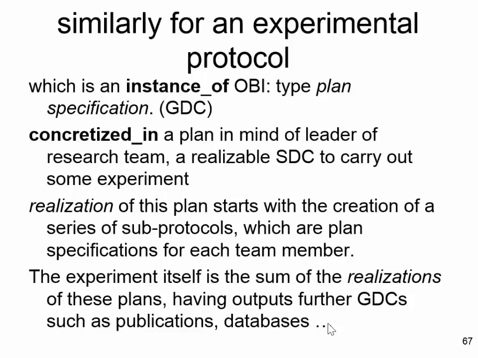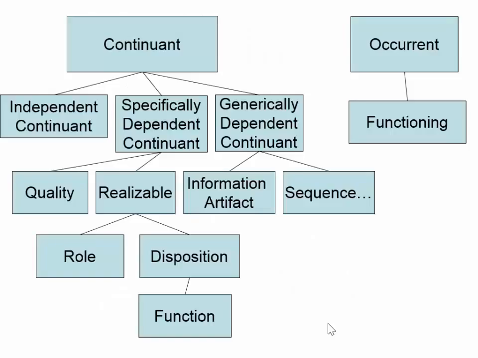So now we're down to here. We have specifically dependent continuants. We have generically dependent continuants, which are information artifacts and sequences.